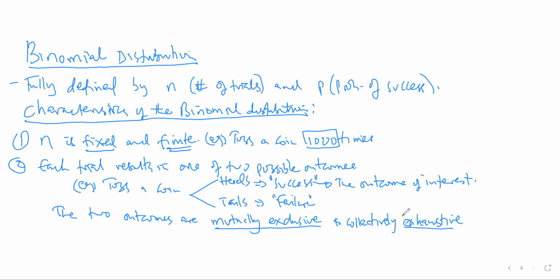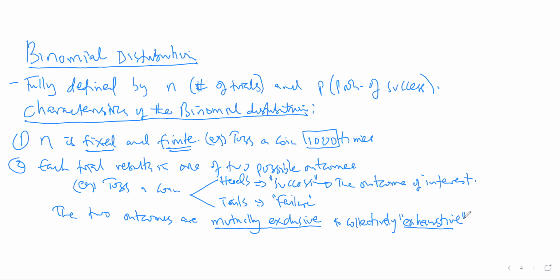To exhaust is like to deplete, to make complete, or to finish. So the two outcomes represent all the possible outcomes in that particular trial. They're exhaustive. Nothing remains. There's no other outcome outside those two. That's number two.